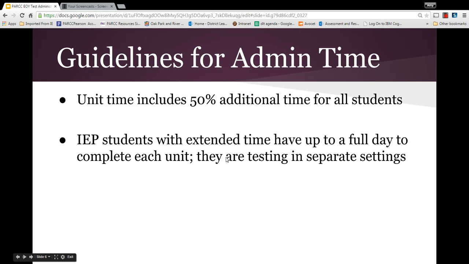It's also important to note that IEP students can have up to a full day to complete each unit. That has not happened yet, and I wouldn't anticipate it happening for any of the tests that remain. But because they get that full time that they need, they're pulled apart and put into separate testing settings. The students are not pulled apart, obviously. We are moving them into a setting where they can test.